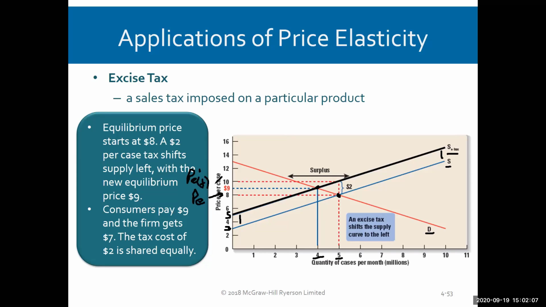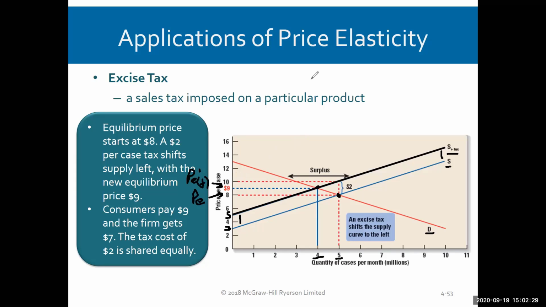And we see the new equilibrium price is $9. Notice that the tax was 2, but the equilibrium price only went up 1, to 9. Nonetheless, we look at that price of $9 and we know that consumers pay $9 and producers receive $9.